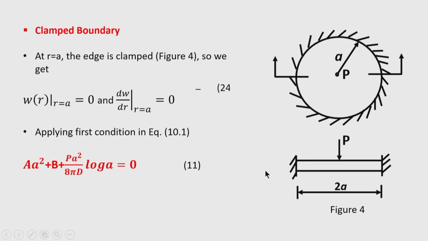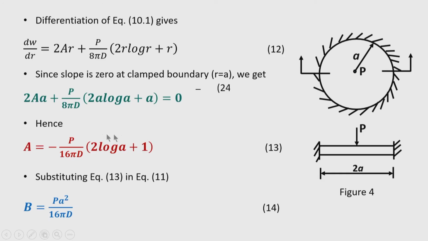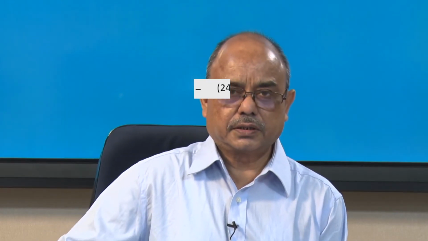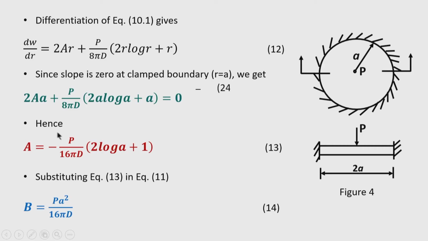This equation gives the value of A in terms of known parameters, because P is known, the flexural rigidity depends on the material constants E and mu and also the thickness of the plate, and the radius of the plate is known. So, the constant A is fully evaluated.